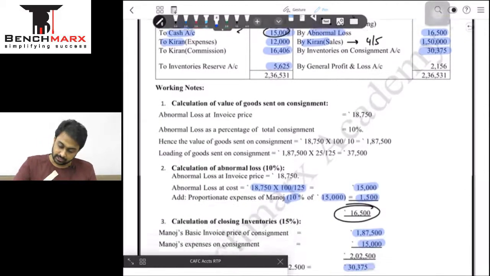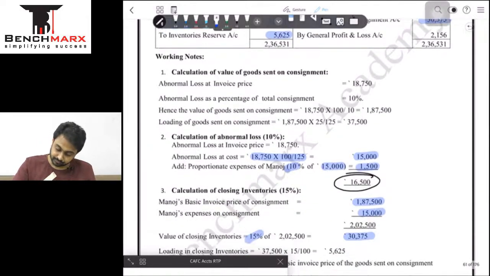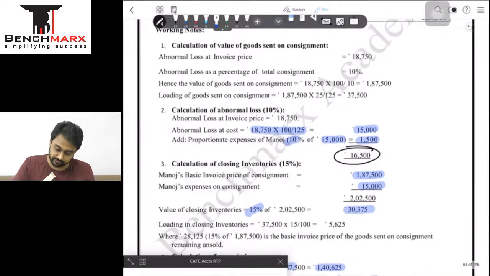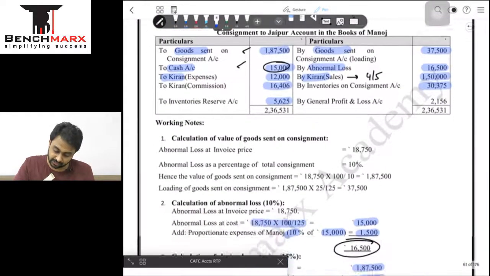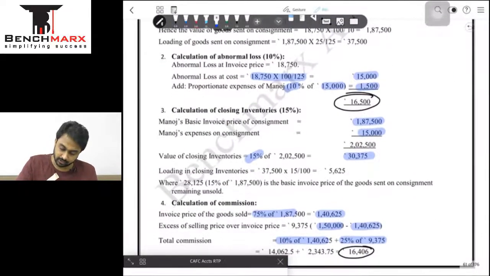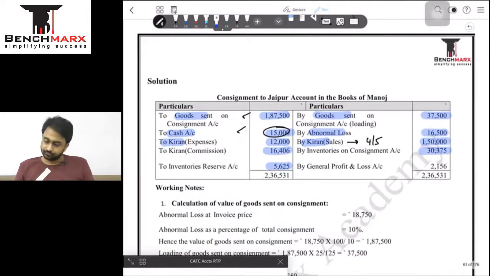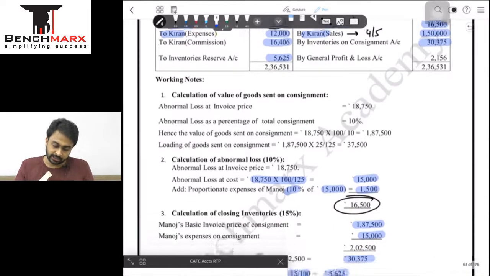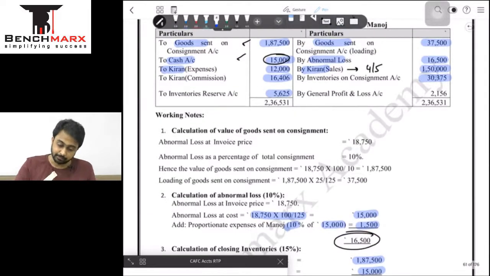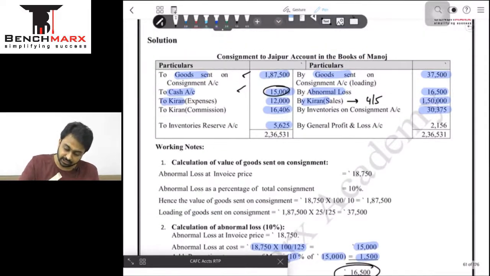Okay, it has come here. This is how the value of 5,625 is derived. Have they shown the working? Yes, this 37,500 is the loading content in IP, and 15% of it is 5,625. That is how you get the value of the loading content of the closing stock, and that completes the consignment, and the balancing figure is going to be 2,156.